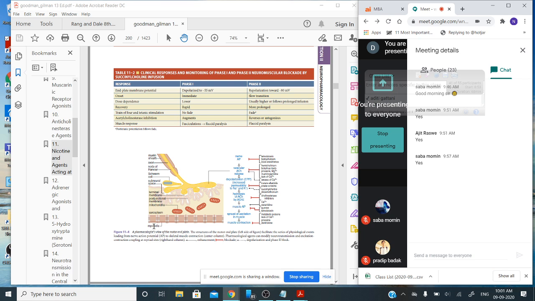The presynaptic neuron will cause release of acetylcholine. This acetylcholine will cause changes in the nicotinic receptor. Because of the nicotinic receptor, there will be opening of sodium and potassium channels, increasing permeability. It will become more positive. Because of that, calcium is brought in and it causes muscle contraction.